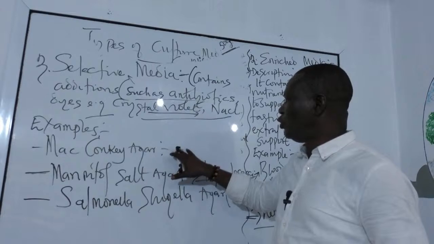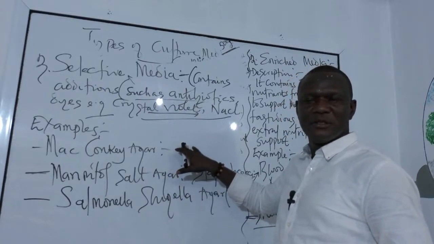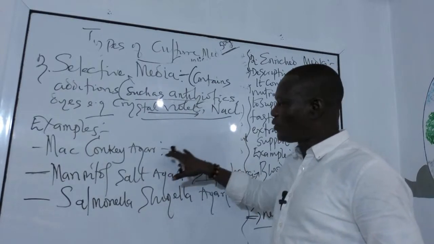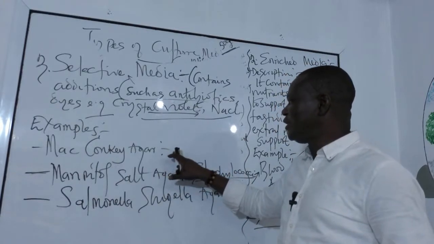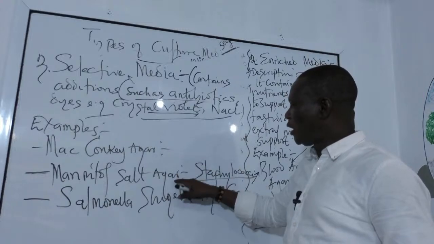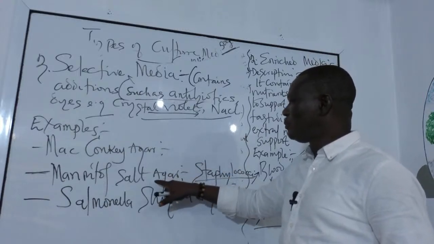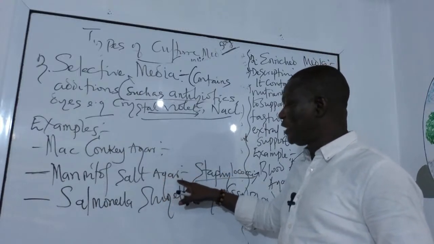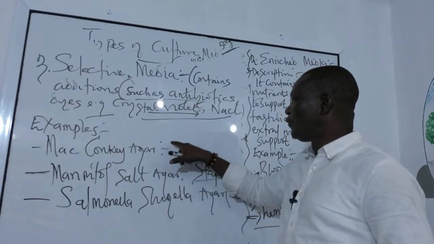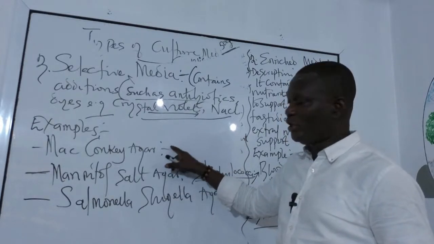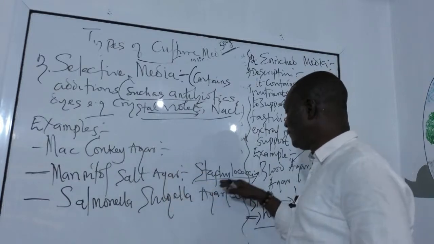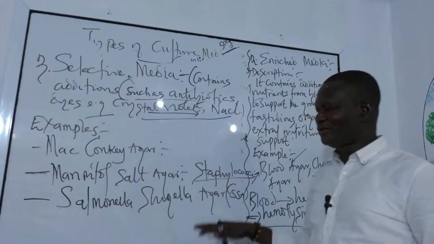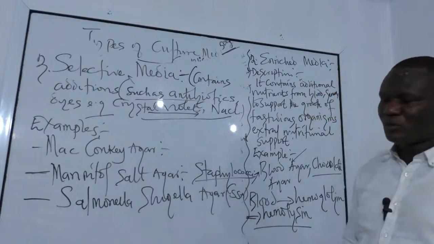If you want to know whether a gram-positive organism that grows on MacConkey is a Staphylococcus, you prepare mannitol salt agar, so that from here you just pick from MacConkey and inoculate it in mannitol salt agar. If there is any growth, that will tell you it is a species of Staphylococcus.